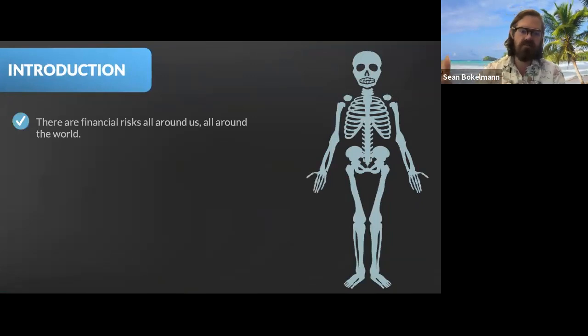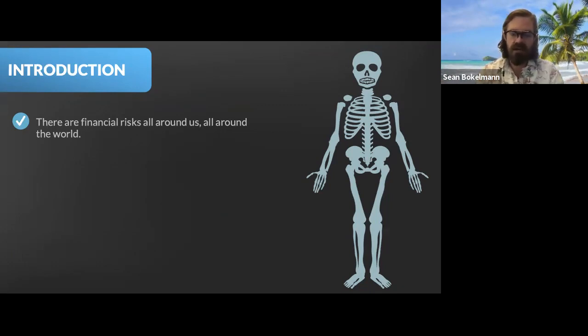Okay, so to start off thinking about this, it's important to think about the fact that there are financial risks all around us, all over the world. When you drive your car, there's a risk that someone will hit you or you'll hit them. There will be damage to vehicles and potentially injuries. All of those things cost money, which is why we have car insurance, right?